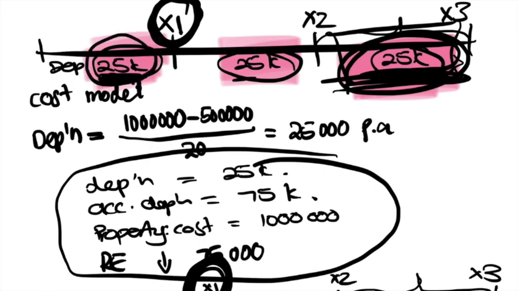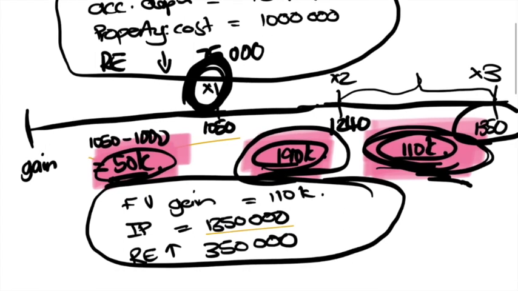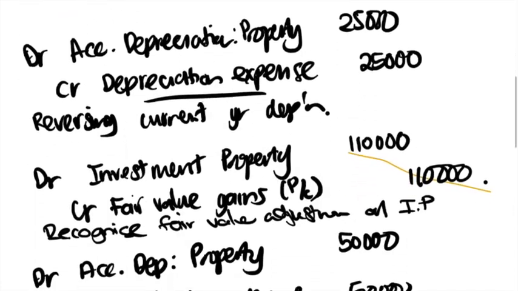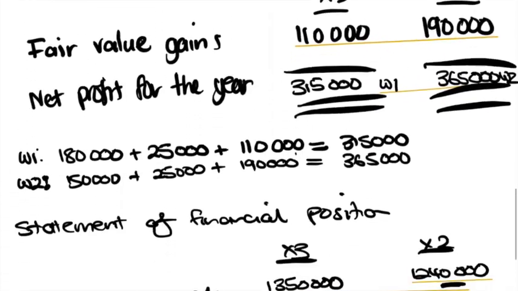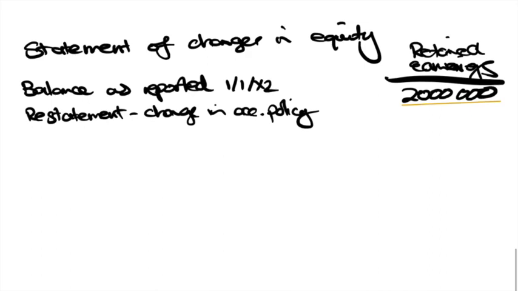Furthermore, if we had applied the new policy, our fair value gain in the prior years would have been 50,000. So the cumulative increase in our opening balance would be 25,000 plus the 50,000, and that gives us a restatement of 75,000.